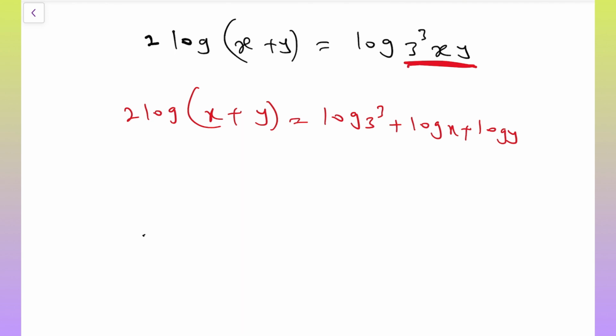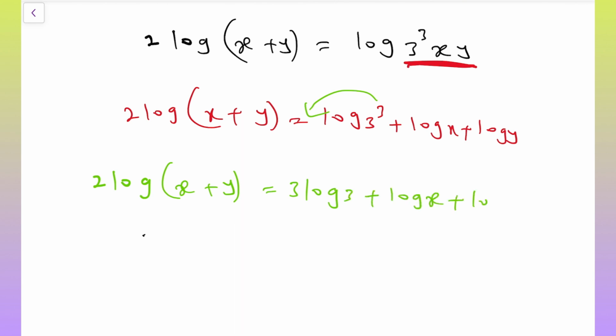Left side write as it is. 2 log of (x plus y) equals, this 3 will come to the front, then it will become 3 log 3 plus log x plus log y. Hence proved. This is what exactly we need to show.